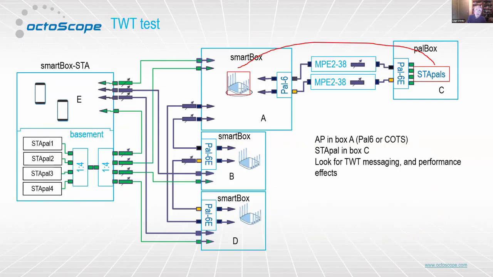I see one other question: do laptops connected to power outlets still negotiate TWT sleep periods, or do they only do that when they're running on battery power? So TWT is negotiated by the station. I think it's actually a choice.